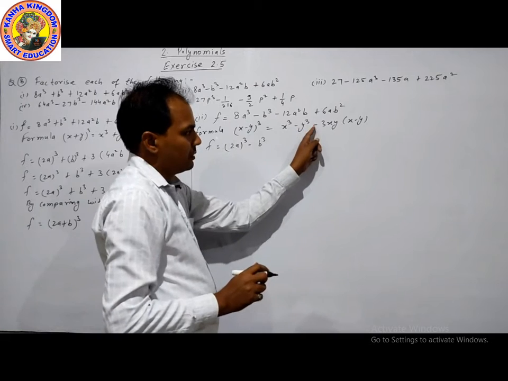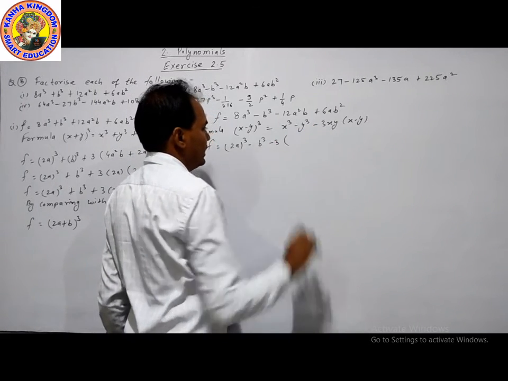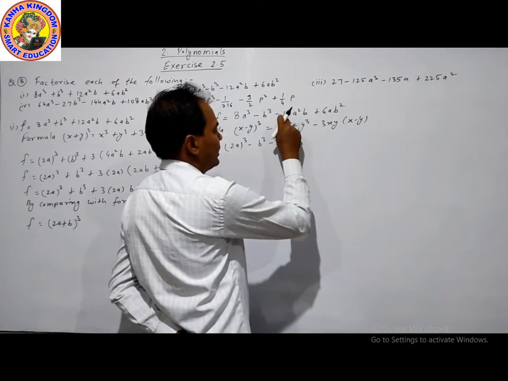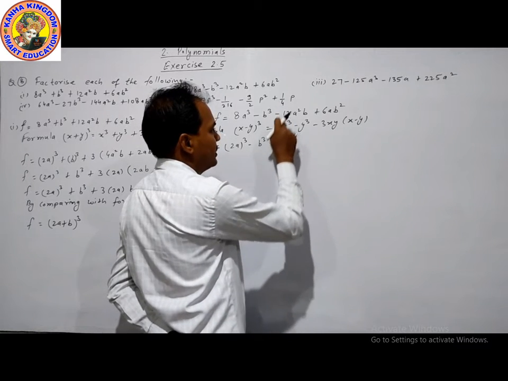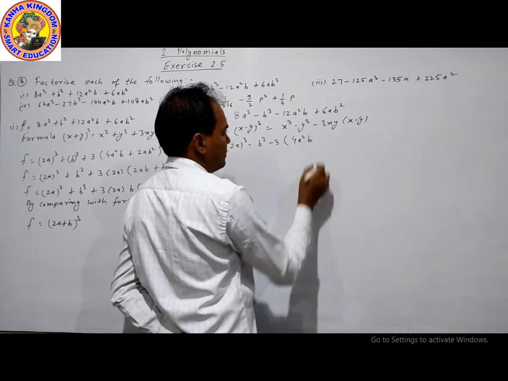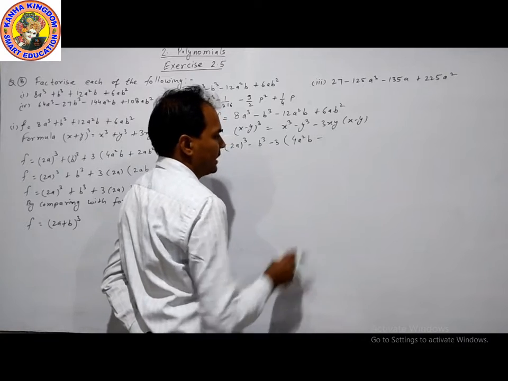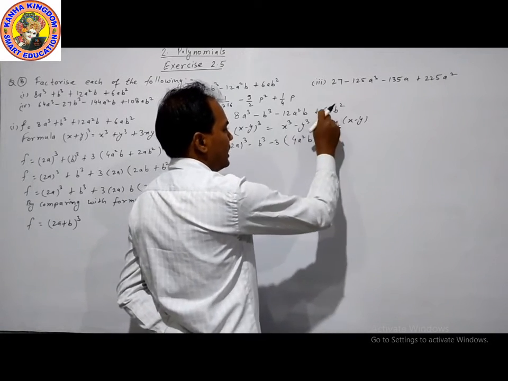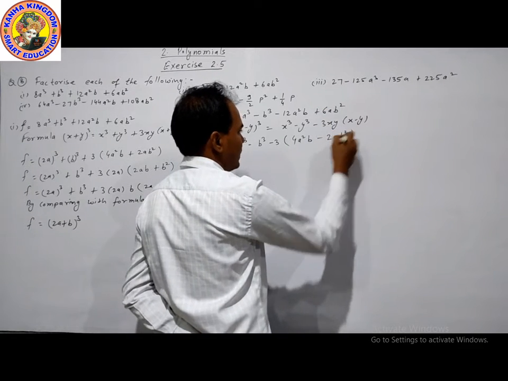Then taking minus 3 as a common part. When we take common minus 3, this will be plus 4a square b. When we take minus common, the plus is converted into minus, because minus into minus is plus. Now taking 3 as a common, this will be 2ab square.